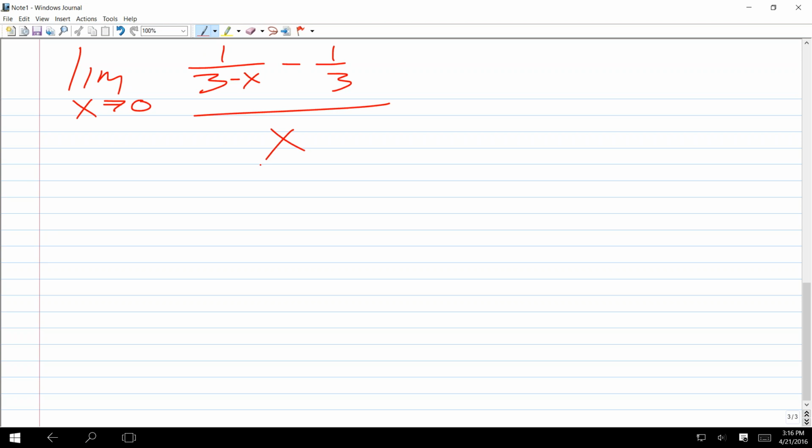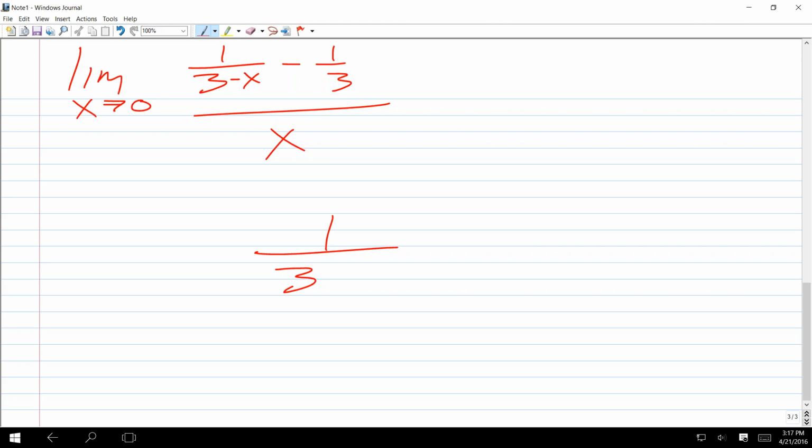Clearly, if we substitute, we get 1/3 minus 1/3, which is 0 over 0. So that doesn't yield any answer. It's indeterminate. This is not a limit problem that we're going to solve by factoring. We have to perform this operation.